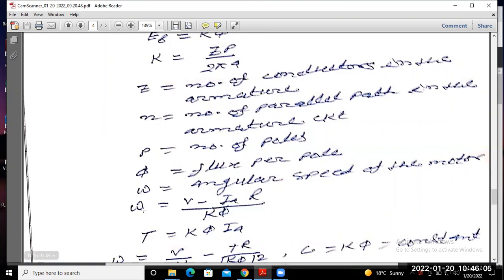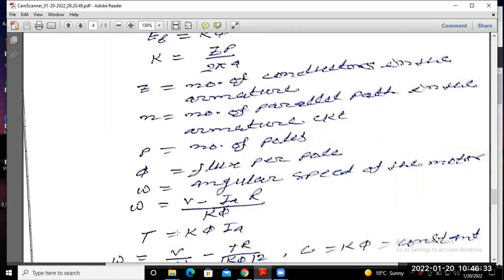So if we find the term of omega, that means angular velocity, it equals V minus IaR divided by K phi. And as we know, the torque equation is T equal to K phi Ia. So we find the Ia value in terms of torque and put it in this equation, omega equal to V minus IaR divided by K phi.